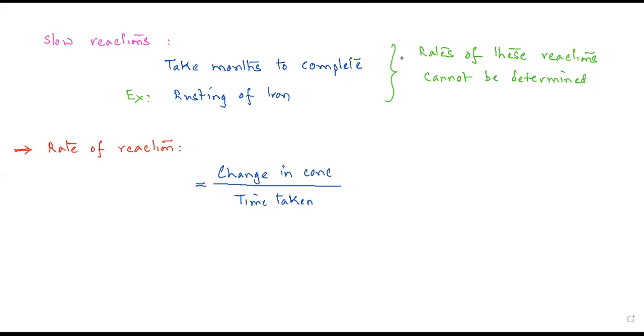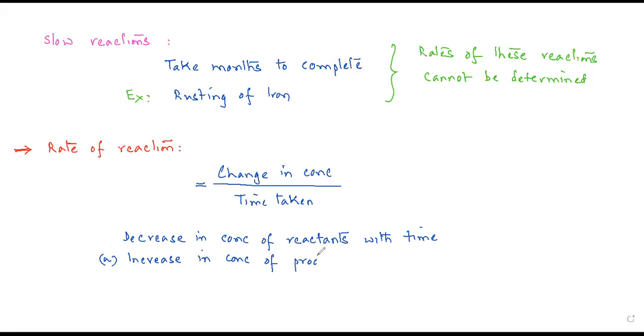It can be broadly given as the change in or decrease in the concentration of reactants with time or increase in the concentration of products with time at any particular time.